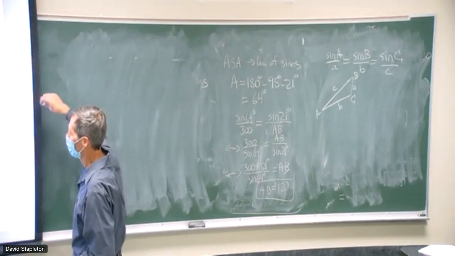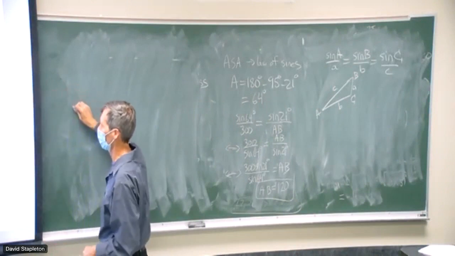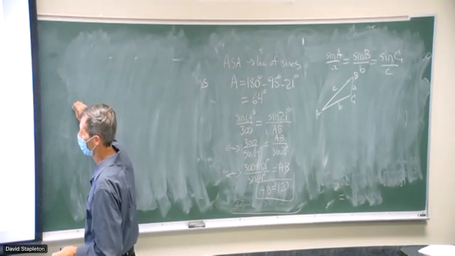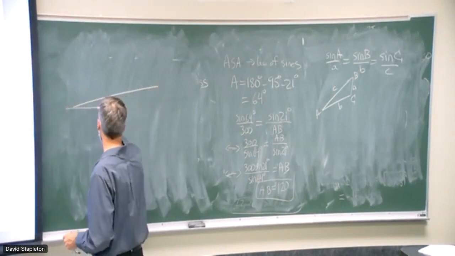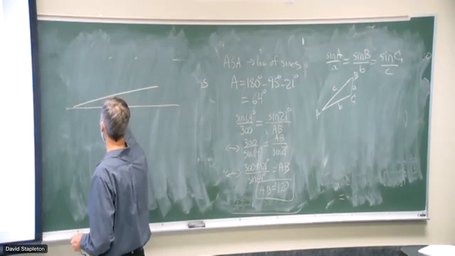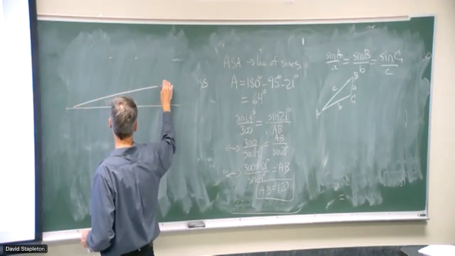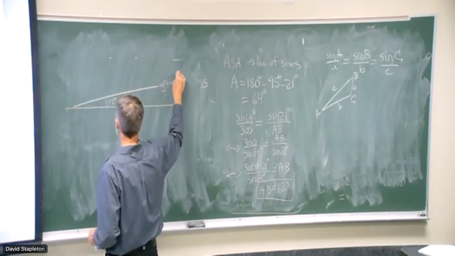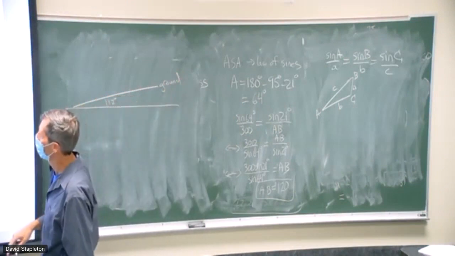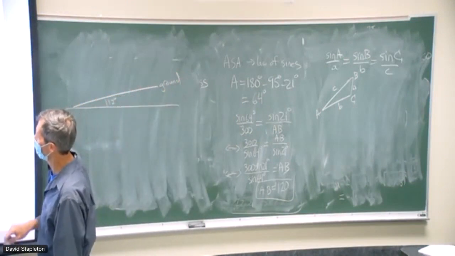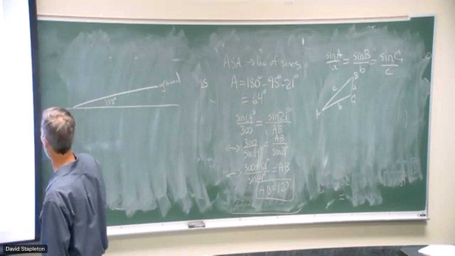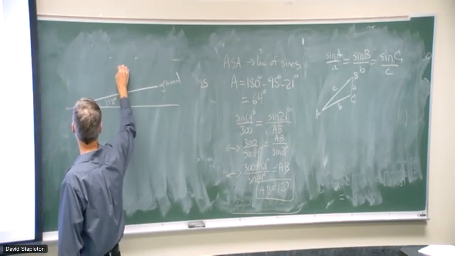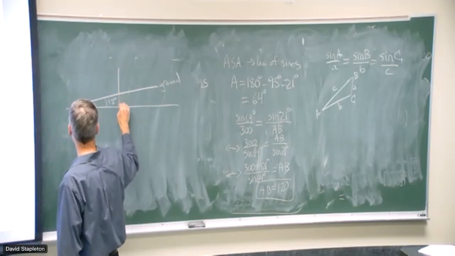So flagpole at a right angle to horizontal. You have the ground makes an angle of 12 degrees with the horizontal. So here's horizontal, and here's 12 degrees, and this is the ground. And then the pole is at a right angle to the horizontal, so it sticks up at 90 degrees to the horizontal like that.